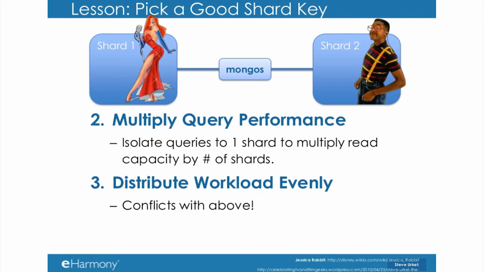If all of the hot people are in one shard and all of the nerds like me are in another shard, the interest among the users of the service in these two cadres of people is going to be different. And that shard is going to get a whole lot more queries than this shard. And the machines over there are going to start heating up a little more than the other machines. So depending on how you want to configure things, that may or may not be a problem for you.